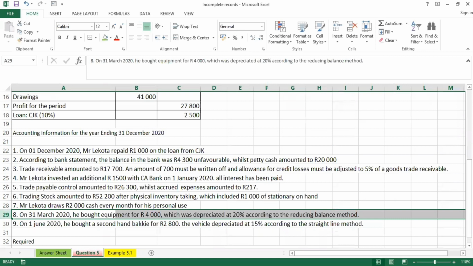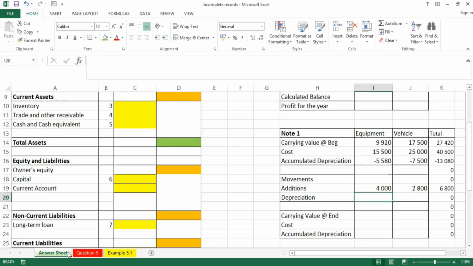So we also check what they told us concerning depreciation. The same on 31st March 2020, he bought equipment for 4,000, which was depreciated at 20% according to the reducing balance method. So we know reducing balance method is what? Cost minus accumulated depreciation. So that's for equipment.